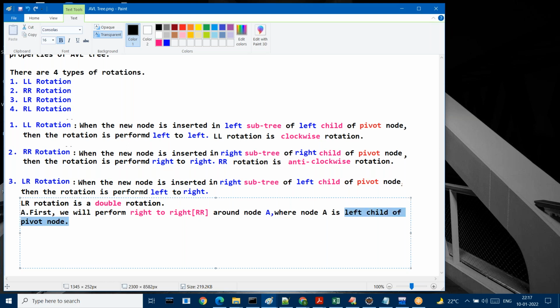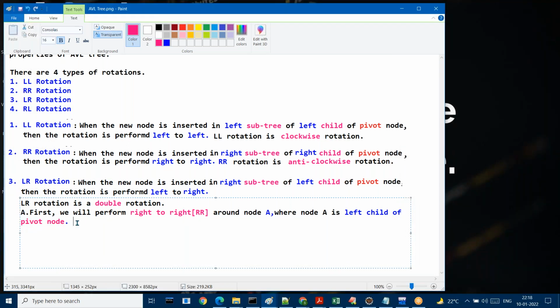Don't get confused, guys. We will have a practice. We will make sure we will do it perfectly. No need to worry. Where node A is the left child of pivot node. That is the first one. LR rotation, you said two parts are there. Double rotation first part is done.